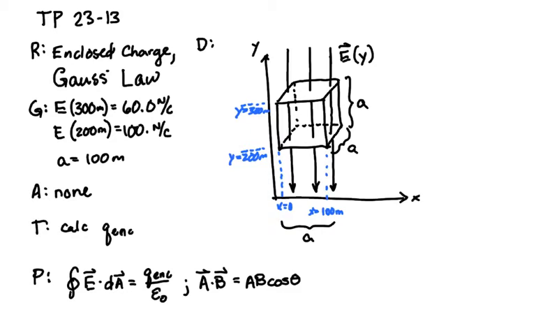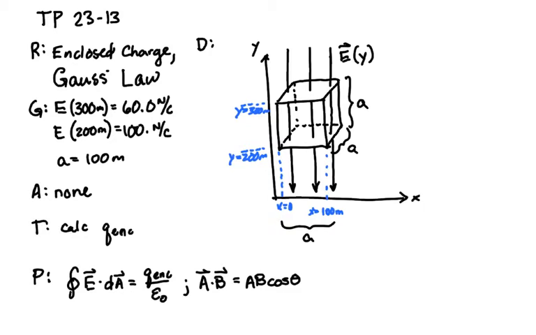Well, I think we're going to need 2 equations for this problem. The first one being, of course, Gauss's law. And if we dissect this, we see first this symbol that you may have never seen before, but it describes an integral over a closed surface. That's what that little circle means right there.